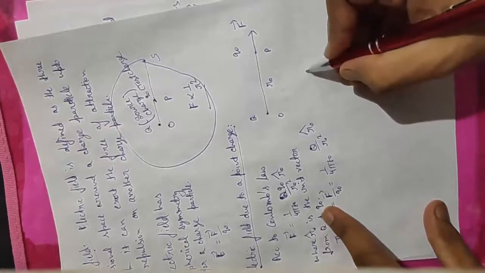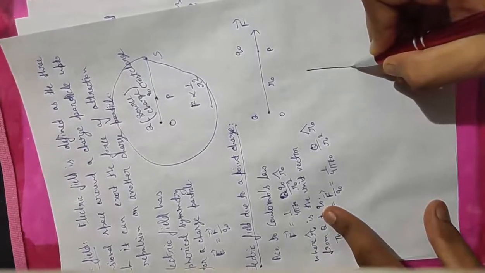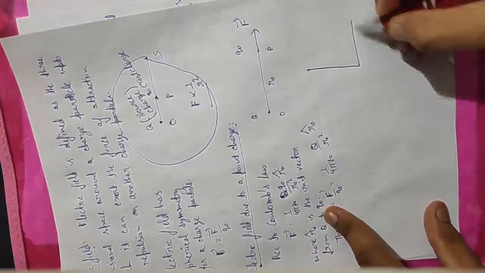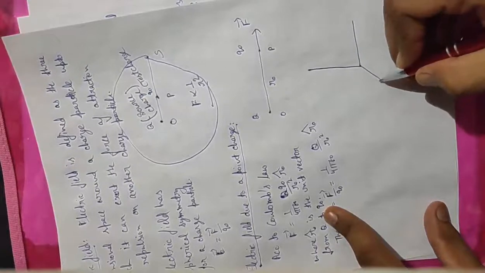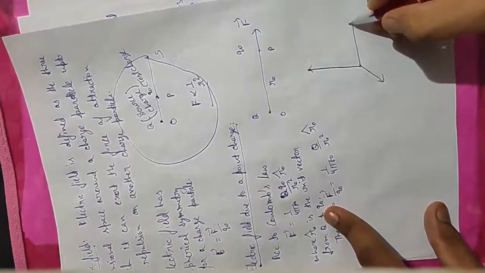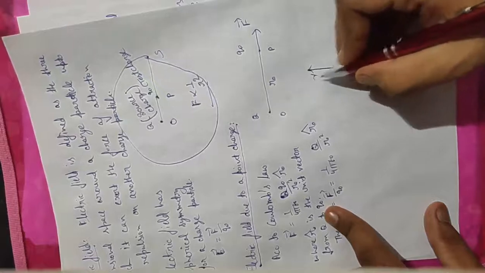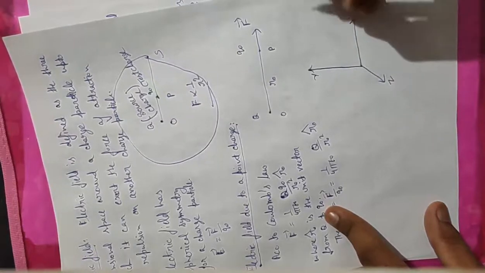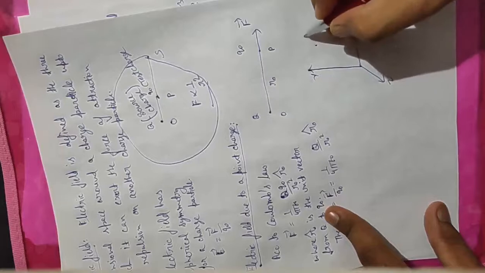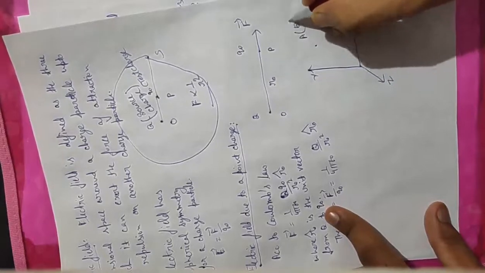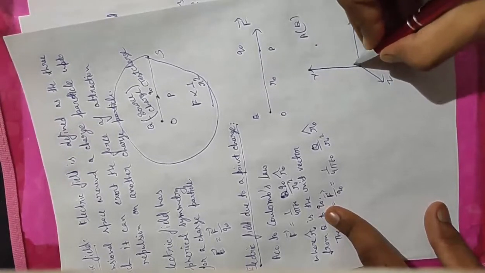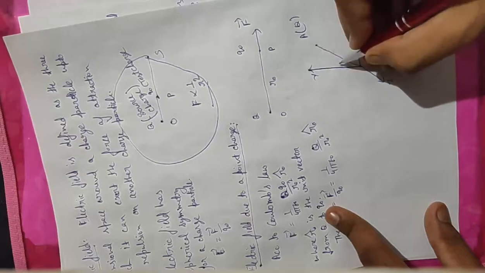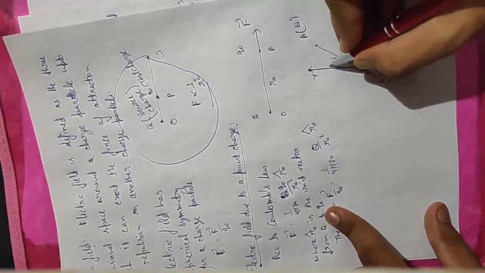For this, let us consider our source charge is not at the origin, it is at some place in the coordinate system OX, Y, Z. Let this charge be at point A, at position vector r i.